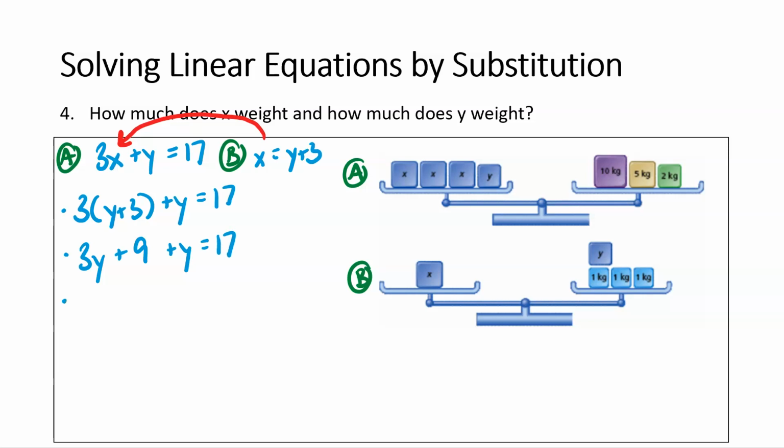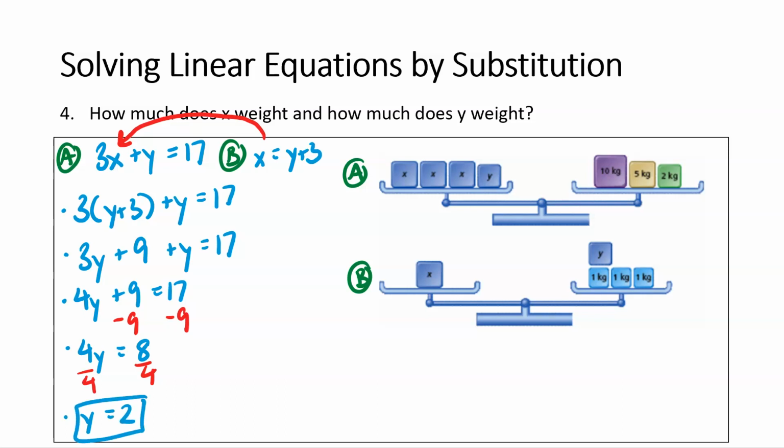Add your like terms. 3y plus y is 4y, plus 9 equals 17. Isolate for the y. Subtract 9 from both sides. You'll get 4y equals 8. And then we can divide both sides by 4. And we'll get y equals 2.